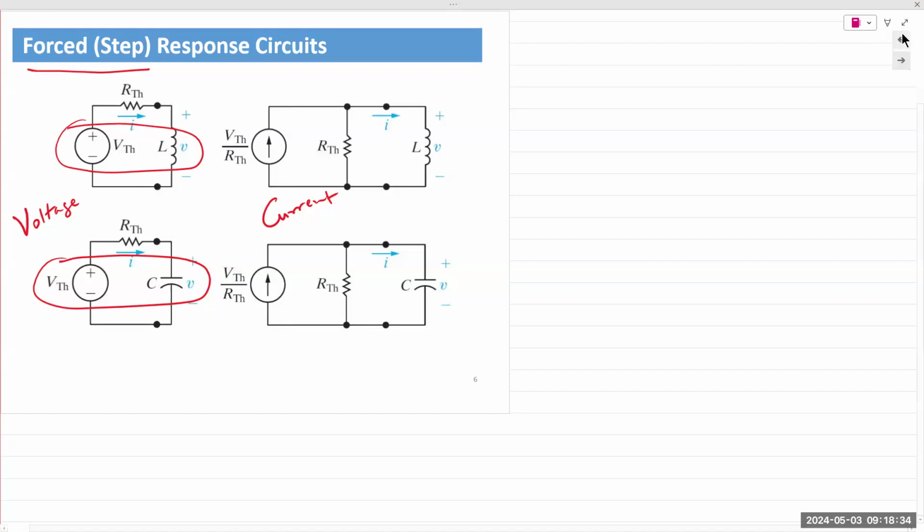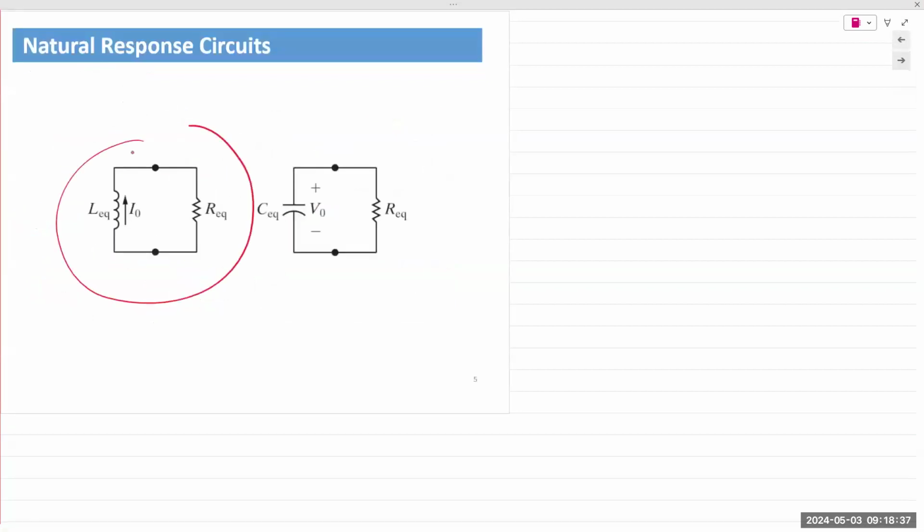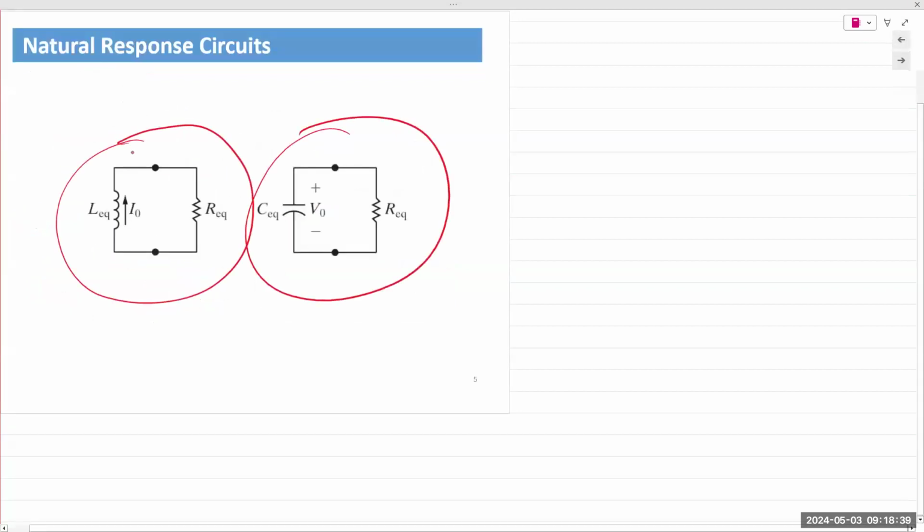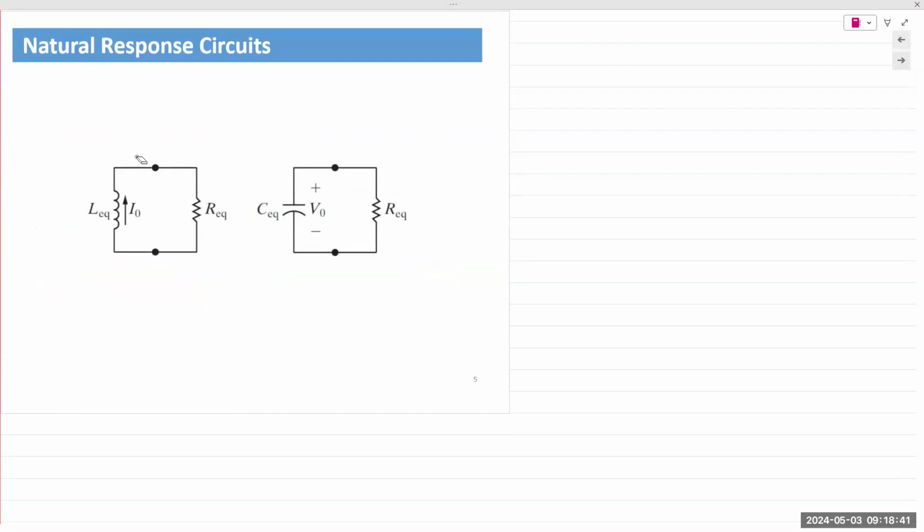So these are the charging, and then these are the discharging. Okay, discharging simply means you take your inductor or capacitor and it is being discharged through a resistor. Okay, charging also, you have a resistor in the circuit. If you note, all of them state EQ.